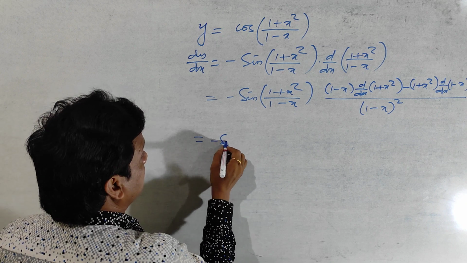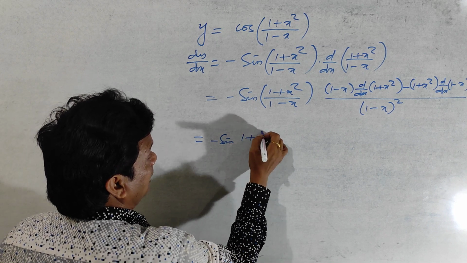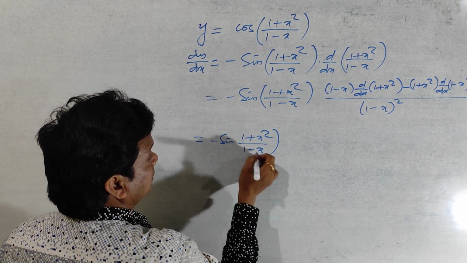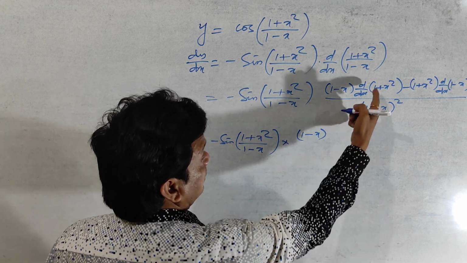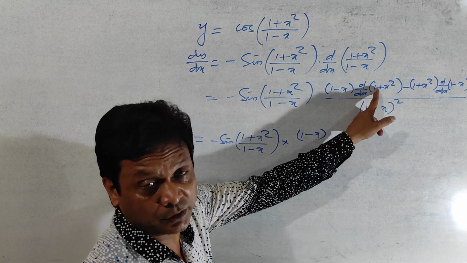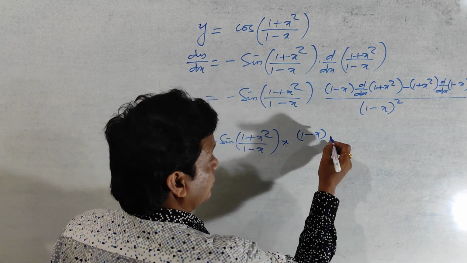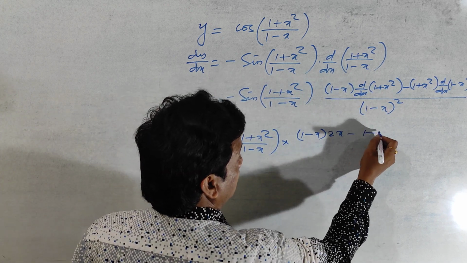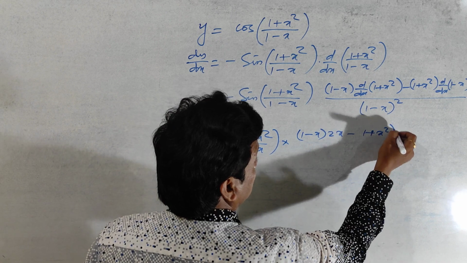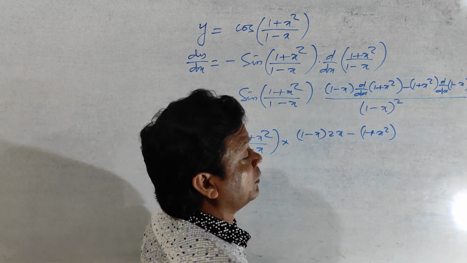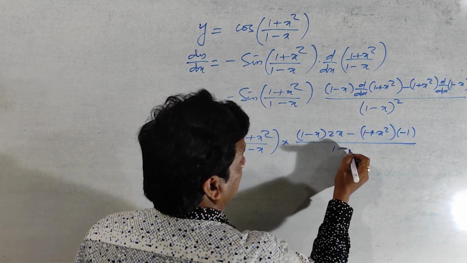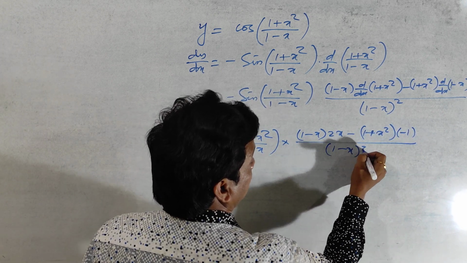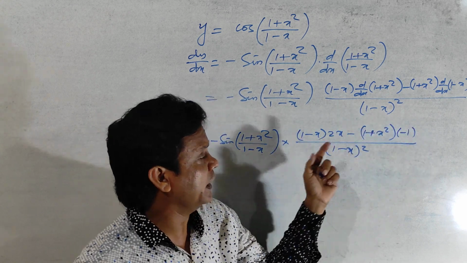Now it is minus sin of 1 plus x square by 1 minus x into, it is 1 minus x, derivative of 1 is 0 and the derivative of x square is 2x. So write 2x minus 1 plus x square. Here the derivative of 1 is 0 and the derivative of minus x is minus 1. So divided by 1 minus x whole square. So simply simplify the numerator and write the answer.